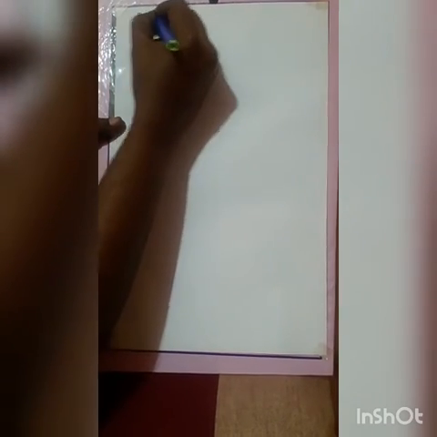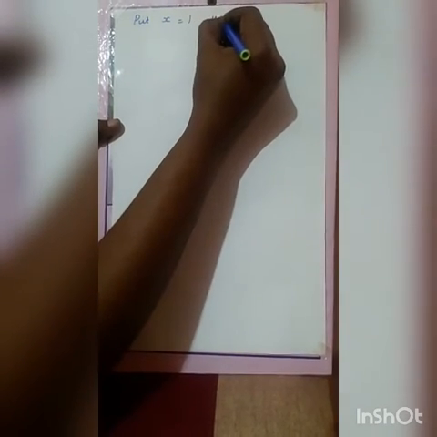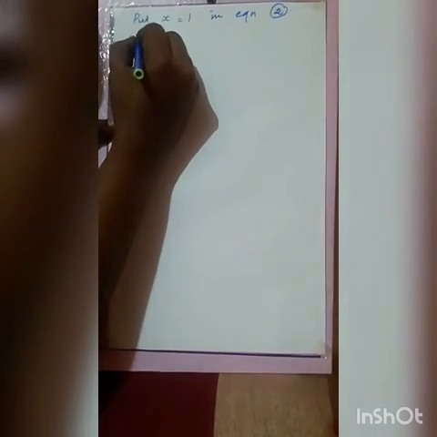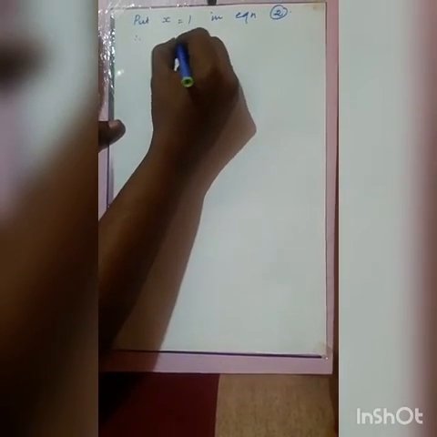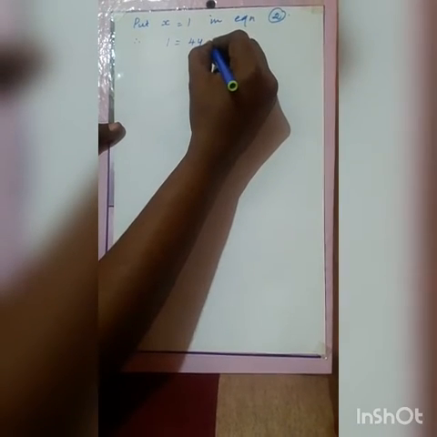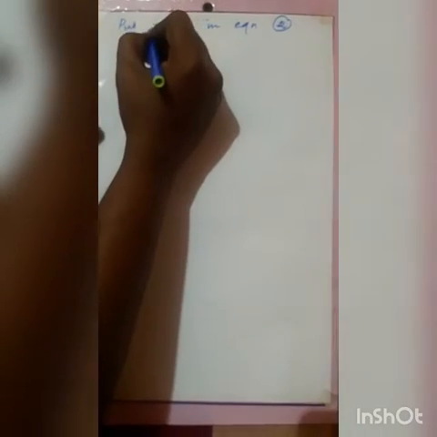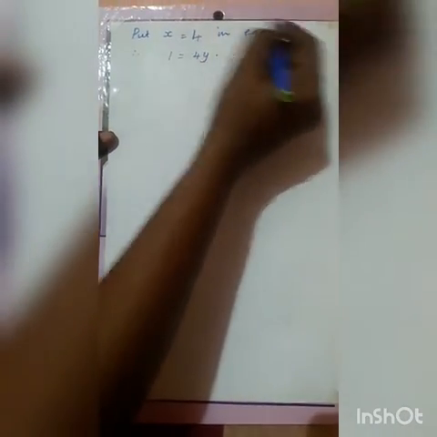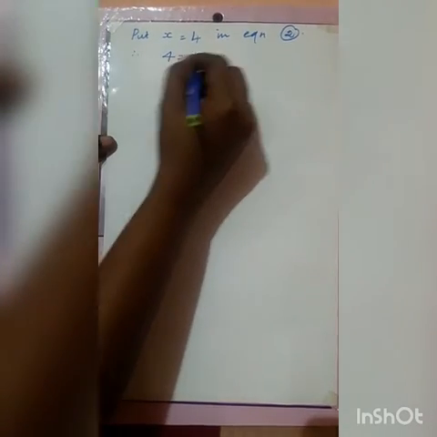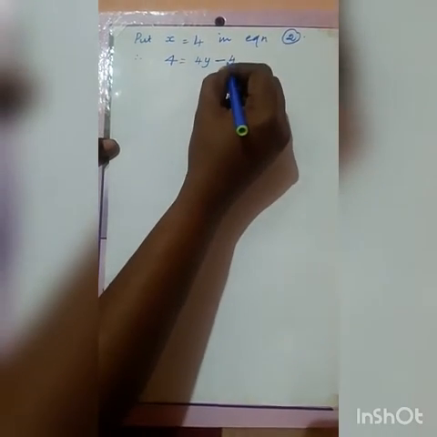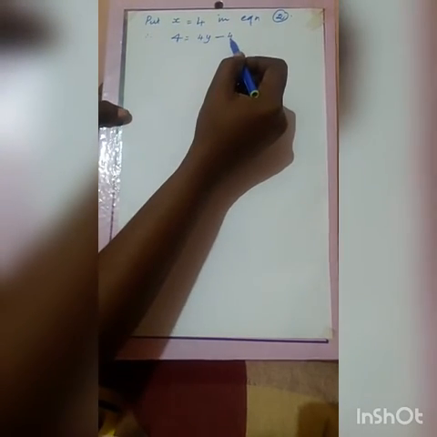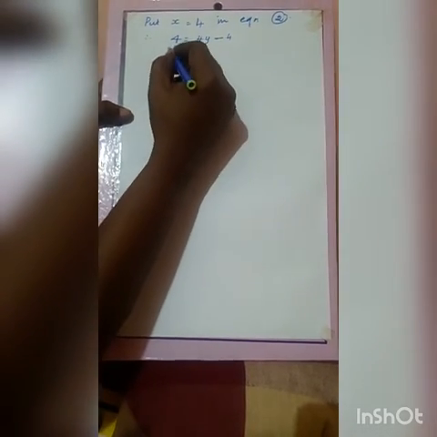Put x equal to 1 in equation 2. Therefore, 1 is equal to 4y. Now, put x equal to 4 in equation 2. Therefore, 4 is equal to 4y minus 4. While transposing, this minus 4 becomes plus 4.